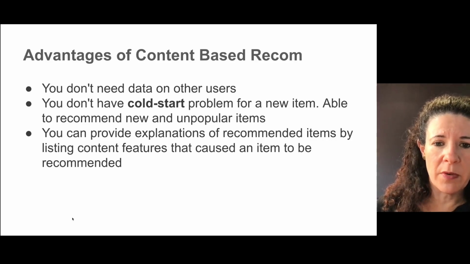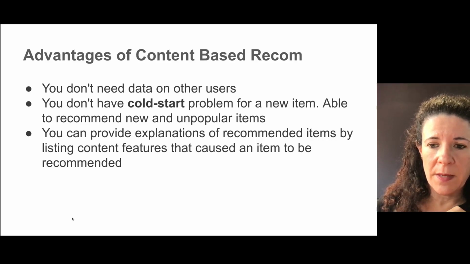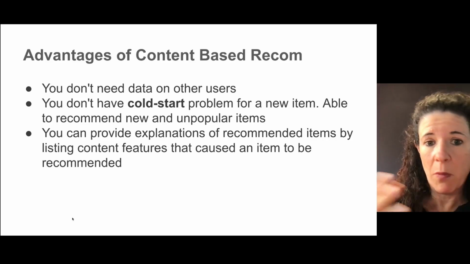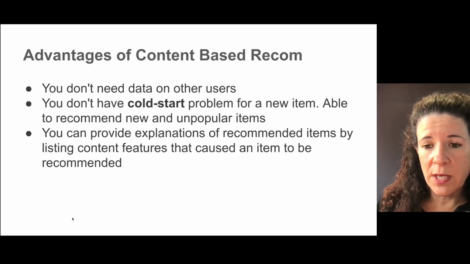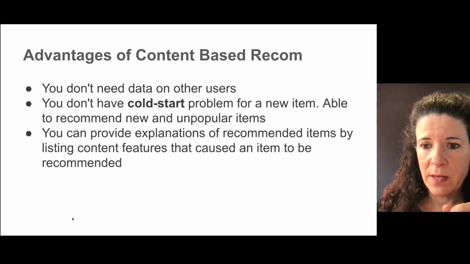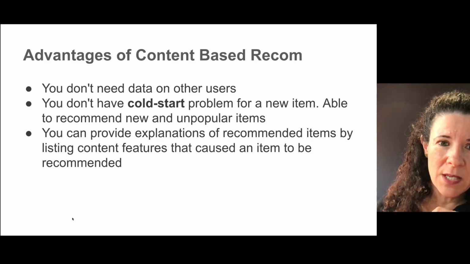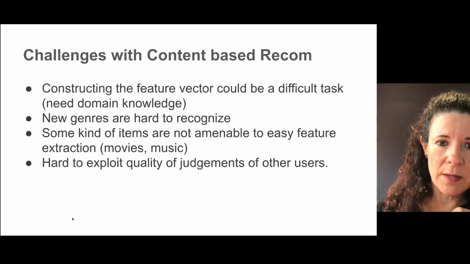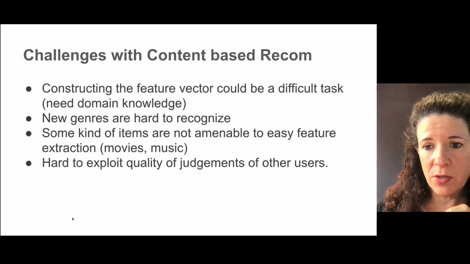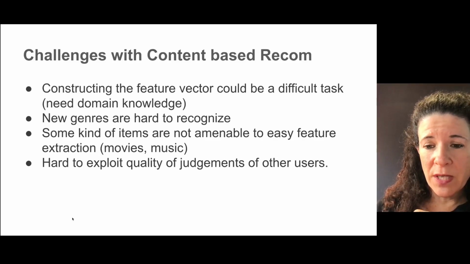You can also provide explanations based on content. Since you have this content, and maybe you have a model, you can tell people why you are making this particular recommendation based on the content of your item. The disadvantage of content-based recommendation systems is that you need domain knowledge.